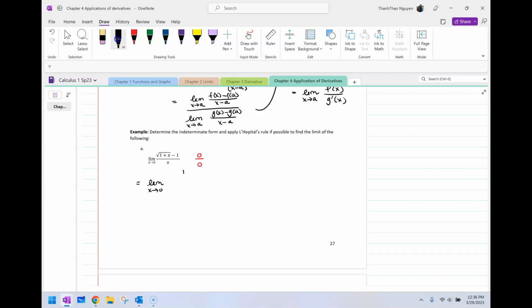That is 1 divided by 2 root of 1 plus x. Is that right? That 1 divided by 2 root of 1 plus x minus 1, that is 0. Derivative of x equals 1. So as x approaches 0 here, this equals 1 over 2.